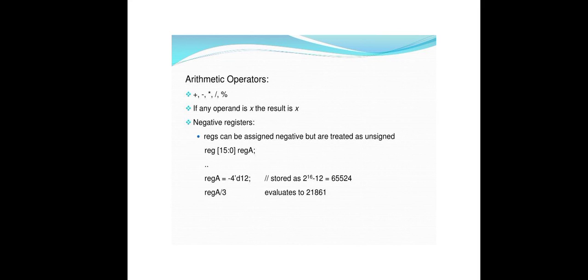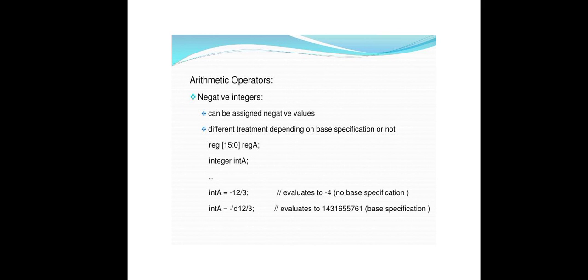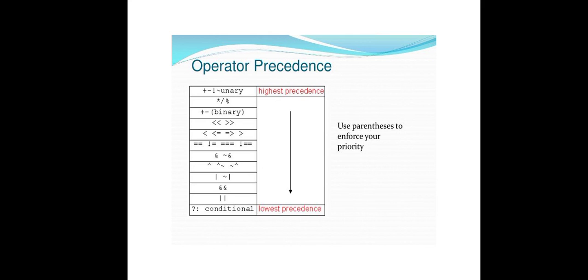Then we find register a is equal to minus 4, d12 is equal to register a divided by 3. Then the value is given in the positive registers. Now a negative register is given here as an example. Now next, there is a chart of the operators given here.